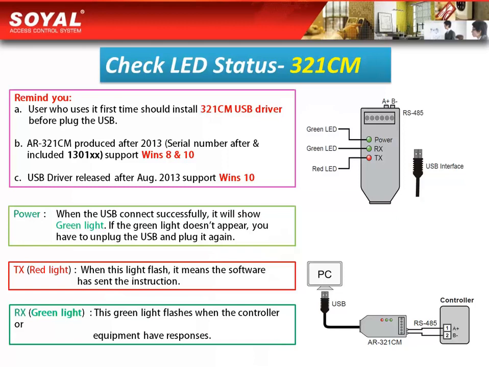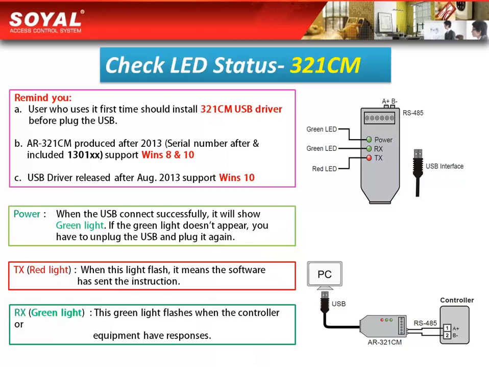And look at the 321CM device. There are three lights on it. The first one, the green light, stands for the power light. When the USB connects successfully, it will show green light. If the green light doesn't appear, you have to unplug the USB and plug it in again.